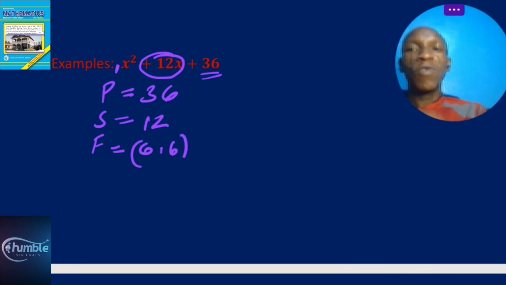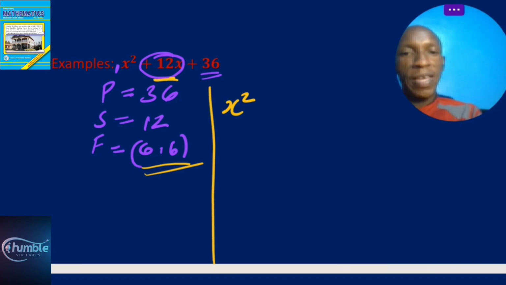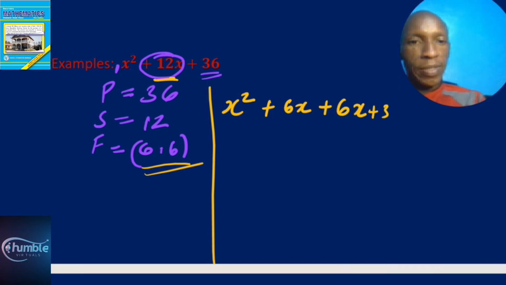Then we know how we deal with these numbers, the factors. These factors are what we use to substitute the middle part, the sum part. So we now shall have x squared plus 6x plus 6x plus 36. And then we group them into pairs.